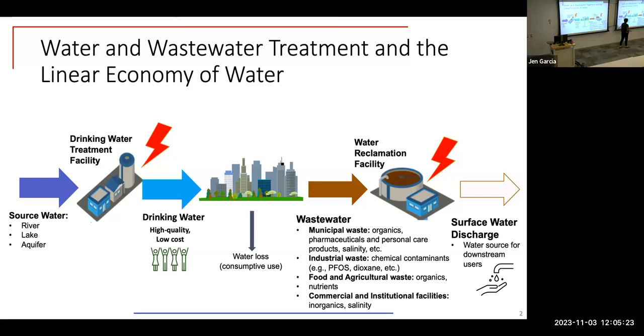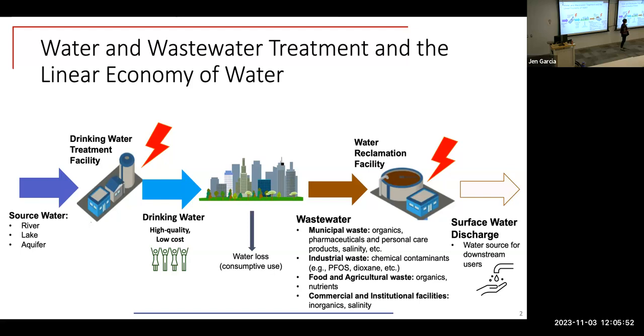But this wastewater is not only municipal waste, so all the organics you flush down the toilet, any pharmaceuticals and personal care products. There's salinity that enters our water streams through water softeners. But we also have industrial waste, food and agricultural waste, and commercial and institutional waste from different facilities.